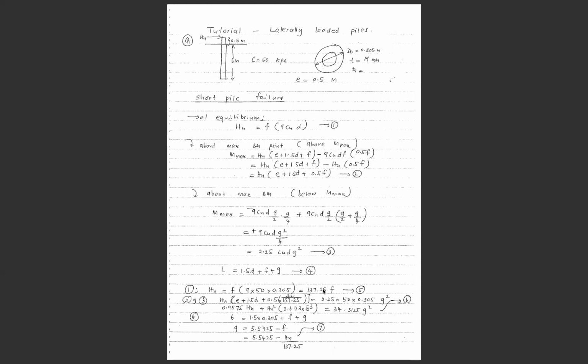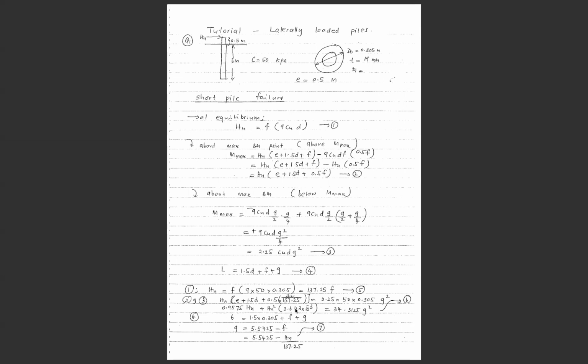That gives us a new equation, equation number 7, which is a function of G and HU. So we end up with 2 equations, equation number 6 and equation number 7, with 2 unknown variables, HU and G.